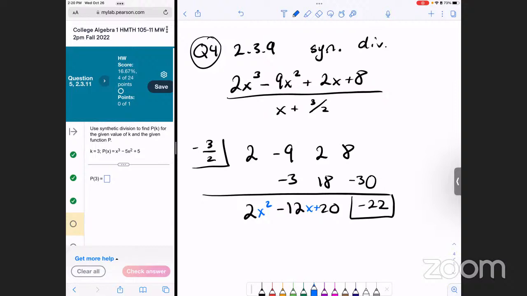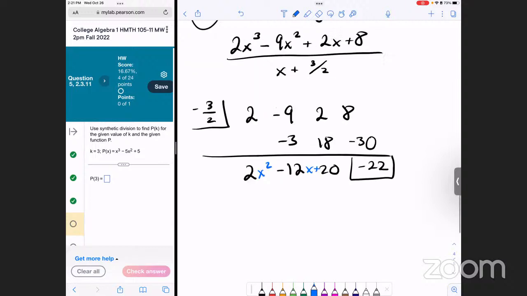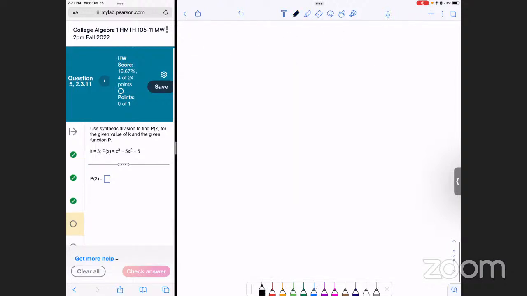To find P of K, we're replacing X with 3. Okay, so that sounds like the remainder theorem, where you're basically doing synthetic division, where 3 goes into the chair, and then P of 3 is the remainder, right? So that's what it seems like. It's just like the remainder.